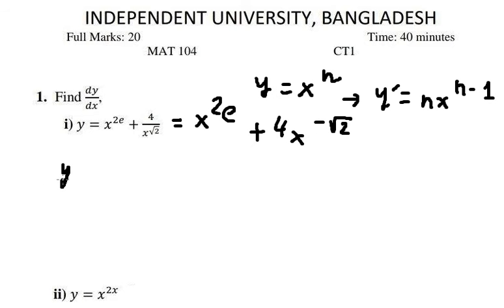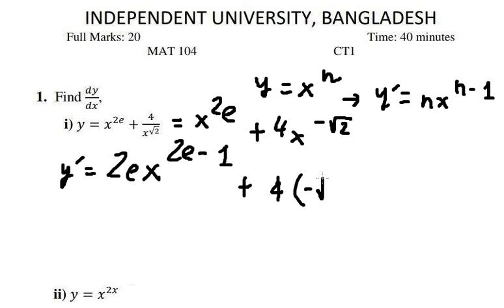Now, if we do the first derivative, we have the exponent, we put it in here, s to the power of the exponent minus 1, because this is about the number. This one, we will have negative square root of 2, and we have s to the power of negative square root of 2 plus, minus 1. And this is the answer for question number 1.